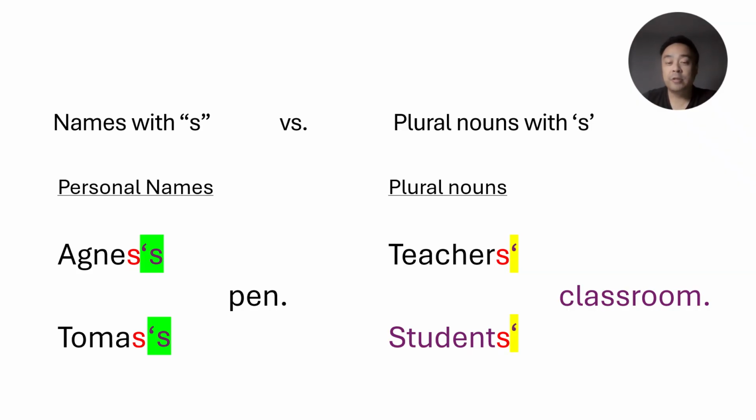So teachers' classroom. Students' classroom. Like I said earlier, when we have plural nouns that end with S, we do not use apostrophe S. We only use apostrophe. I hope this has been helpful.